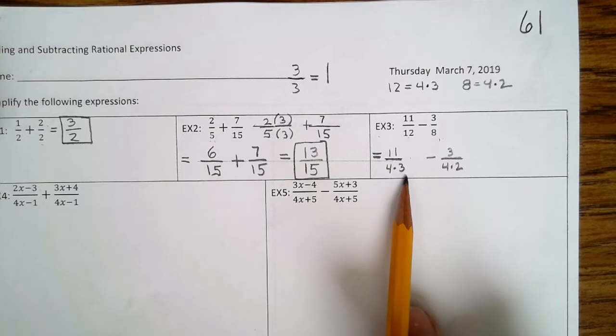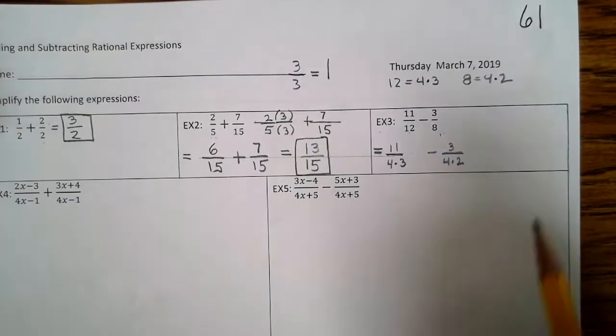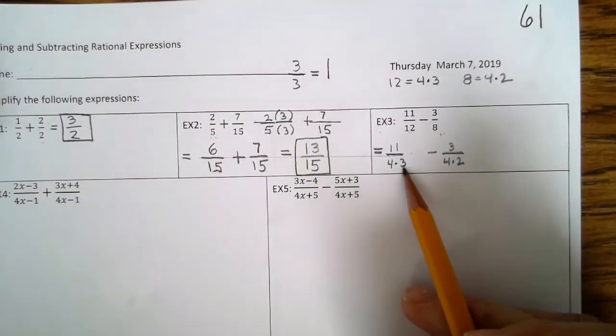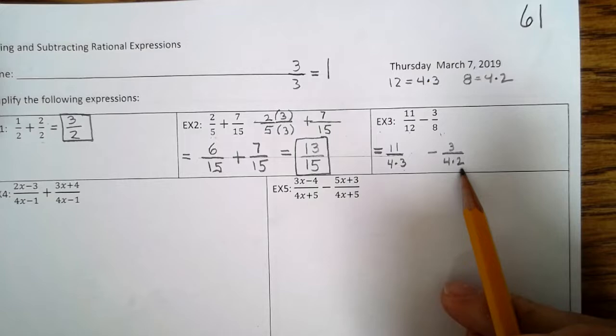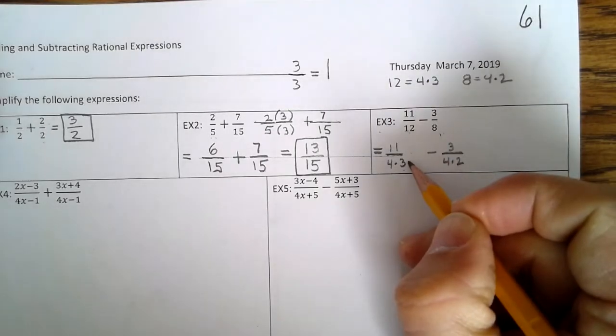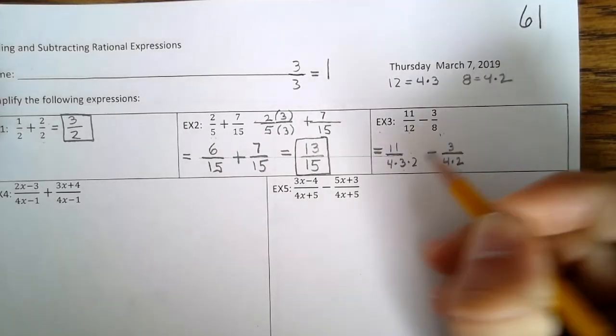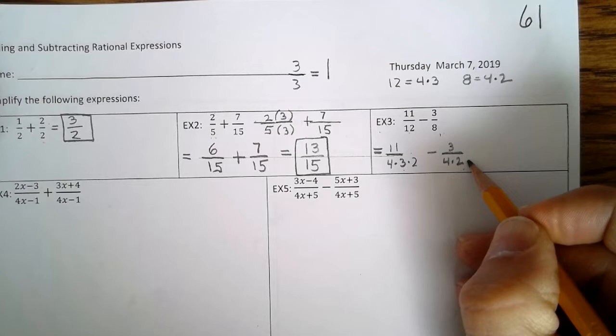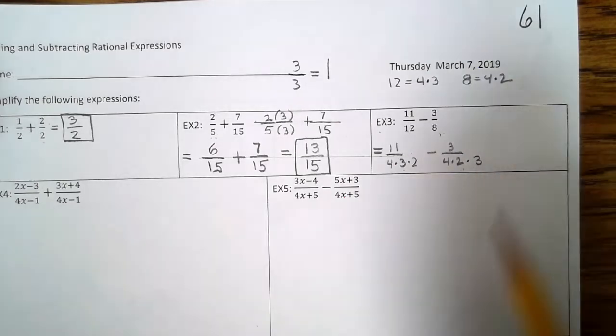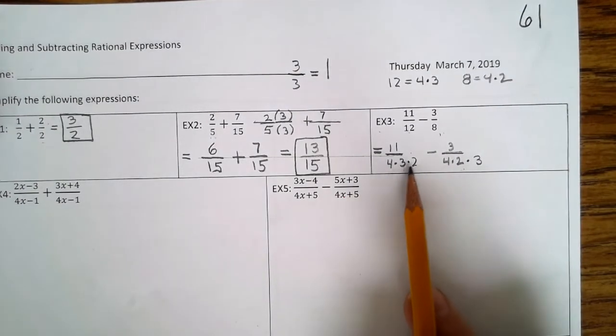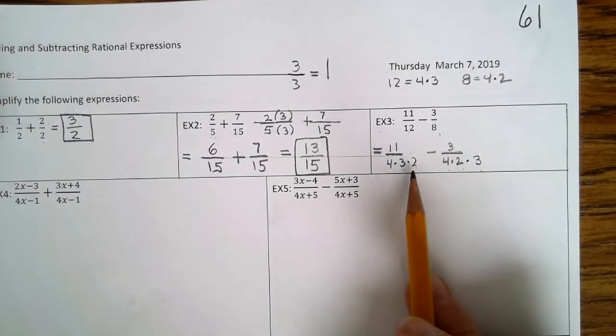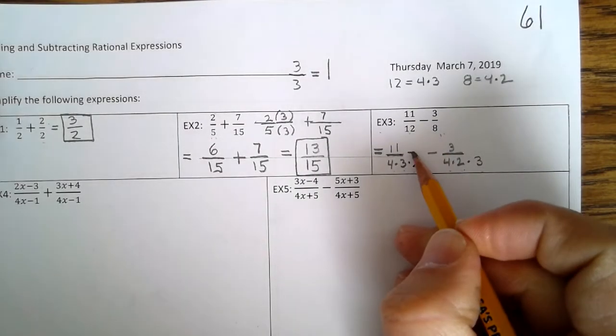Now here we have a 4 and a 3. This has a 2, so we need this to have a times 2. This has 4 times 2 missing the 3, so now it's times 3. So here you see we're multiplying by the same numbers, but you can't just multiply by 2. You have to multiply by 2 divided by 2 and 3 divided by 3.